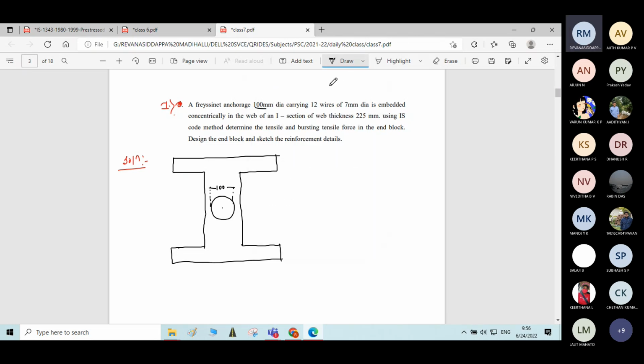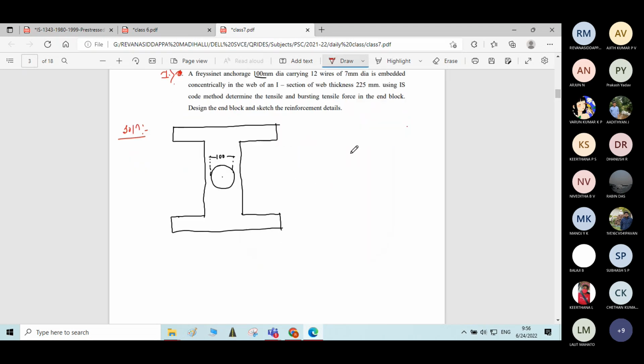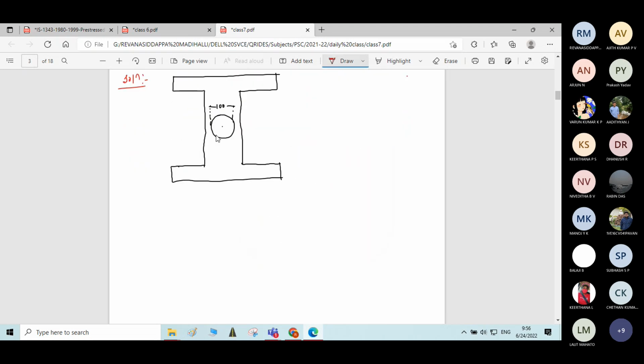Okay, there are 12 wires of 7 diameter inside this Freyssinet cable.